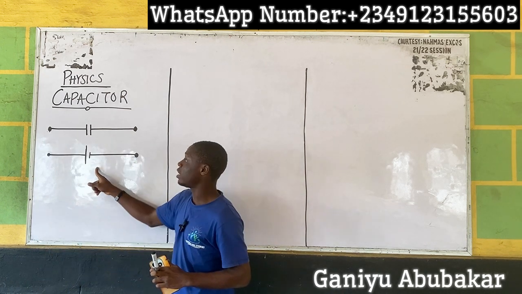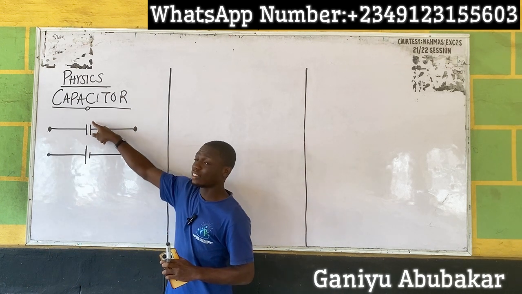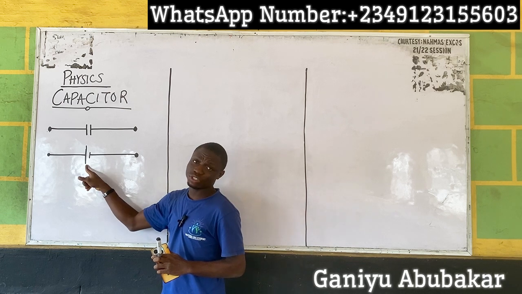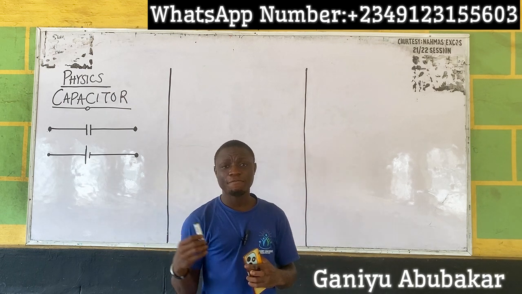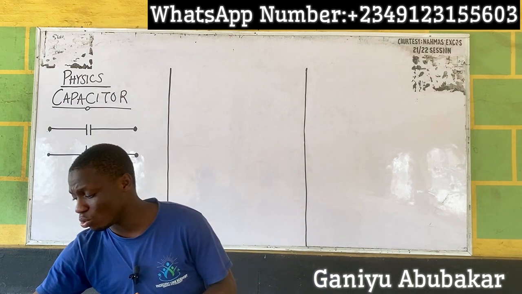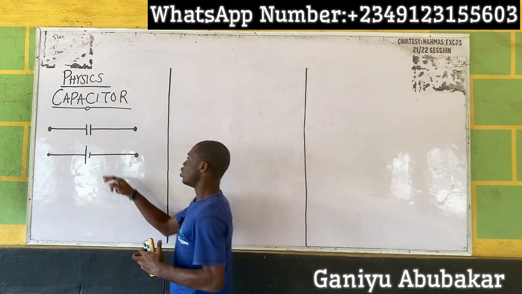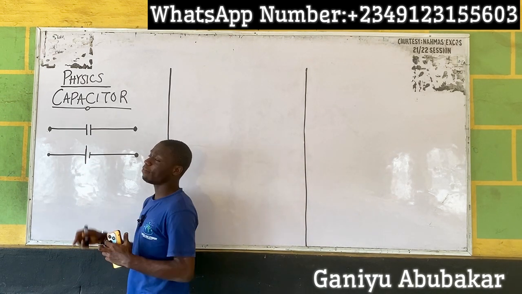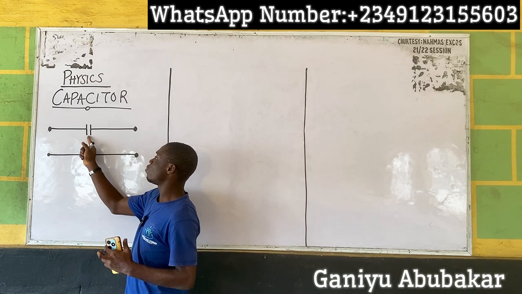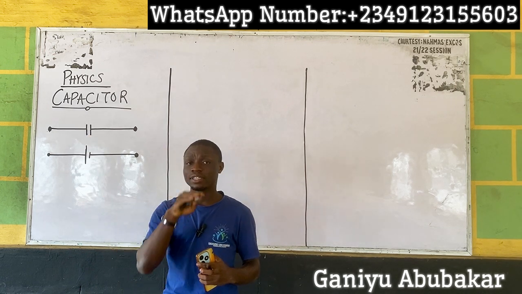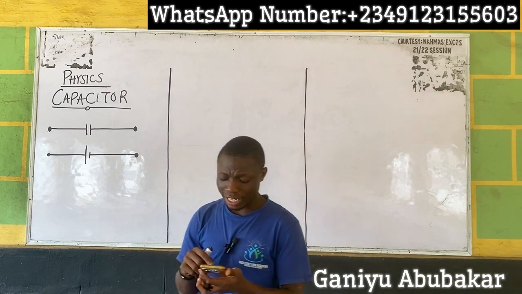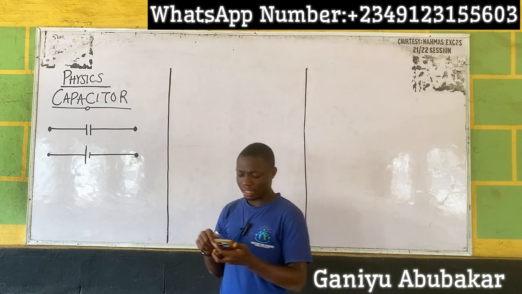For a capacitor, the lengths are equal size. For a battery, one is longer than the other. A very important concept to note: the longer and shorter lines signify your cell, while the equal length lines are the symbol for a capacitor.